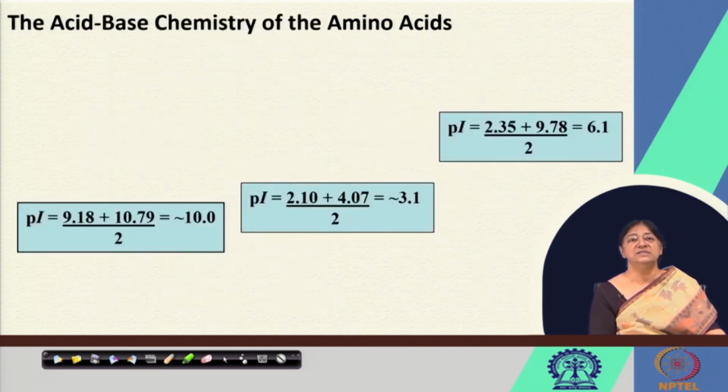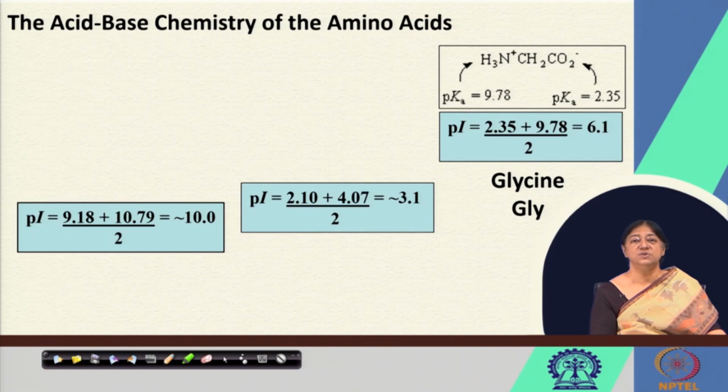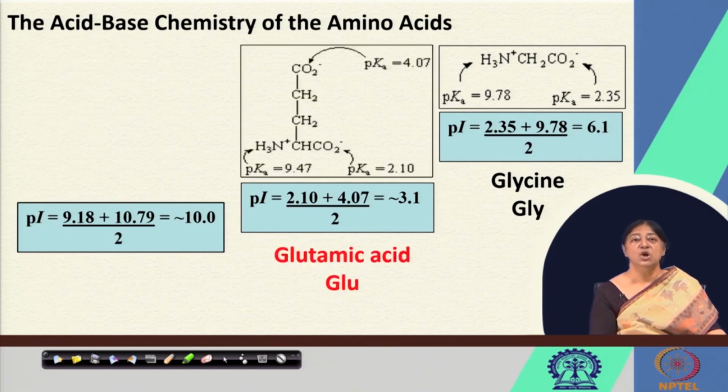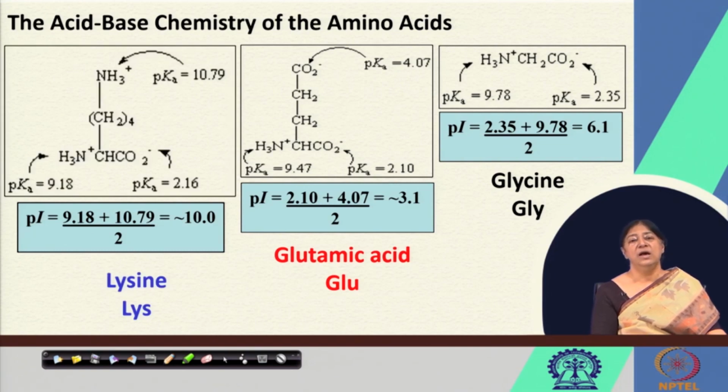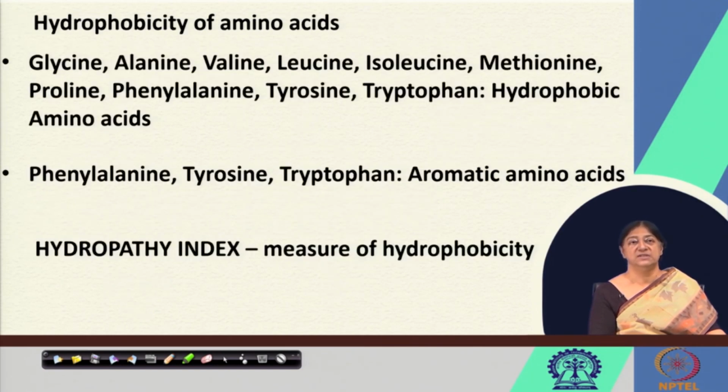So, if we look at the acid base chemistry of the amino acids, we saw how glycine behaves, how an acidic amino acid behaves, and how a basic amino acid behaves. So, we now know how to calculate the pI of an amino acid, and later on when we study the peptide bond, we will understand how we can calculate the pI for a series of amino acids.